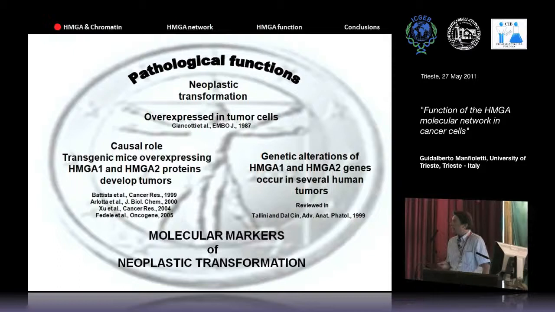In fact, almost all tumors express high levels of these proteins. Therefore, they are considered molecular markers of neoplastic transformation. In addition, they contribute to this process because transgenic mice overexpressing these proteins develop tumors.